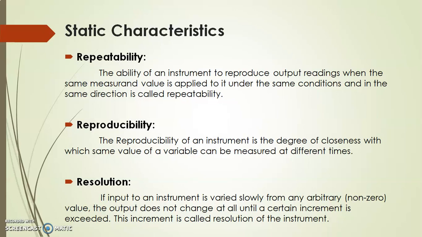Ideally, if you give the input, there is some output shown on the voltmeter. But sometimes, if the input of an instrument is varied slowly from any non-zero value, then the output does not change for some time until a certain increment is exceeded. The output shows the reading 0.